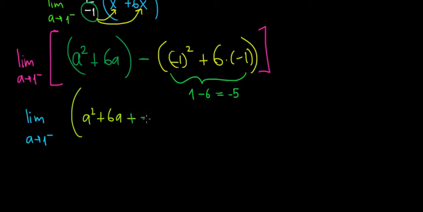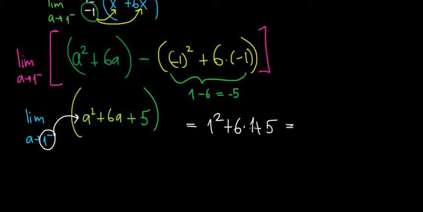Minus -5 becomes +5, so we have +5 over there. Now we can substitute the value for our limit, so 1 is going to go into a, and we're going to have 1 squared plus 6 times 1 plus 5. 1 plus 6 is 7, 7 plus 5 is going to be 12. So that limit converges to the value of 12. Hope this makes sense. The integral approaches the value of 12. In the next video we go to part B.